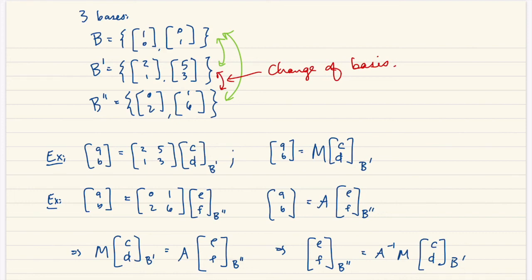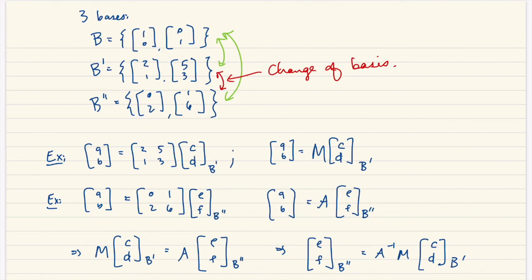And again, the idea is if I want to go from B prime to B double prime, I first go from B prime to B. So if M is the matrix that we use to go from B to B prime, then moving that over, M inverse is the matrix that we use when I want to go from B prime to B. Let's see, no, everything's fine.